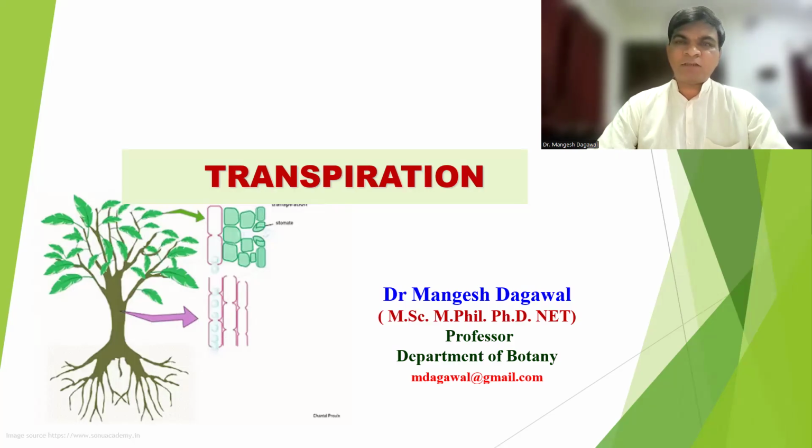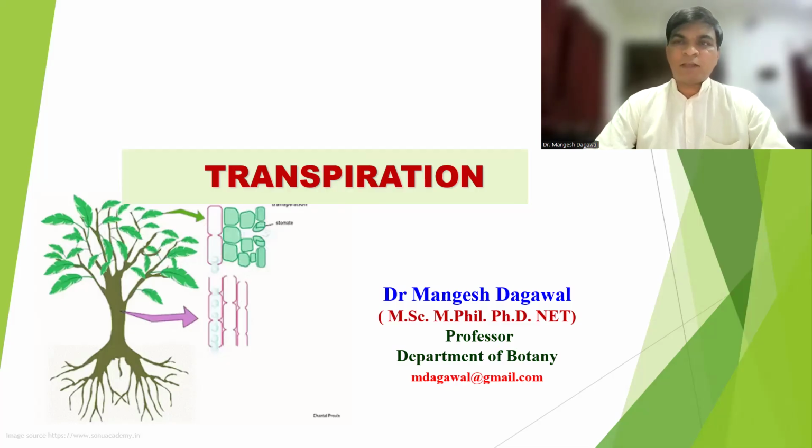This passive process is essential for cooling the plant body, transporting minerals from the root to the leaves for processes like photosynthesis, and driving the movement of water up from the roots against gravity due to the cohesive and adhesive properties of water molecules.